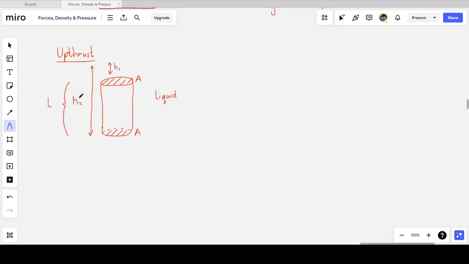And we'll say the cylinder has a length of L. So the total length of the cylinder is L. So the difference in pressure between the top and bottom surface is rho times g into h2 minus h1, like we said before. It's a hydrostatic pressure.